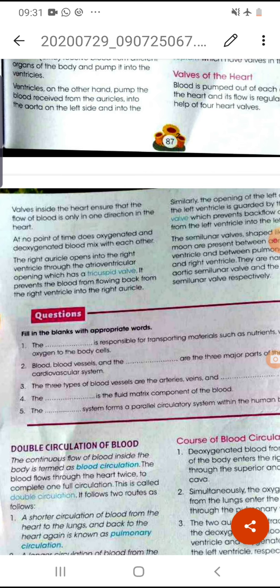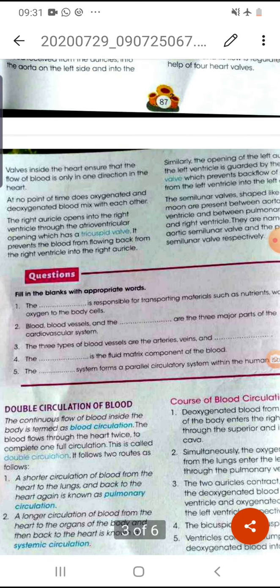Okay, so let's see which valves are present in our heart. The right auricle opens into the right ventricle through the arterioventricular opening, which has the tricuspid valve. That means the right auricle and right ventricle have the tricuspid valve. It prevents the blood from flowing back from the right ventricle into the auricle.